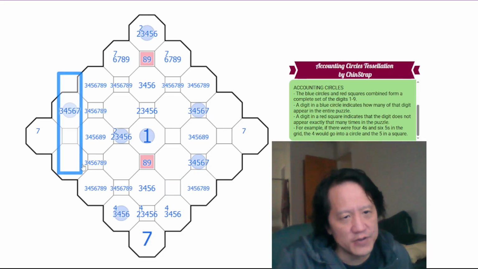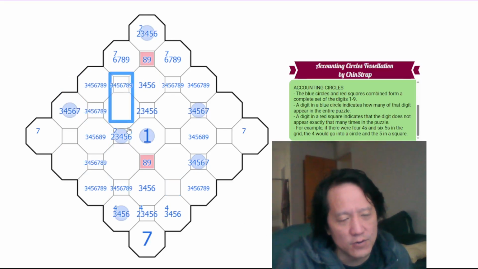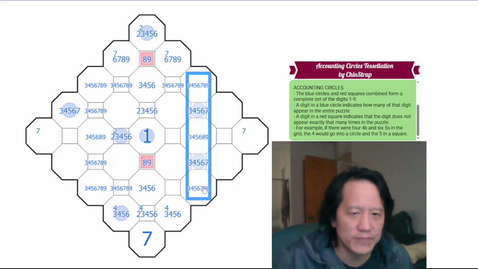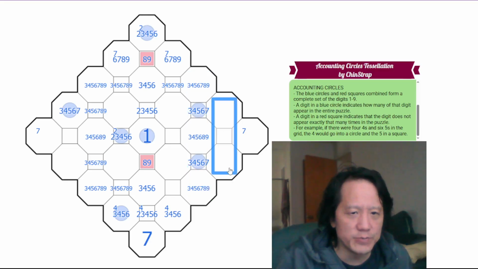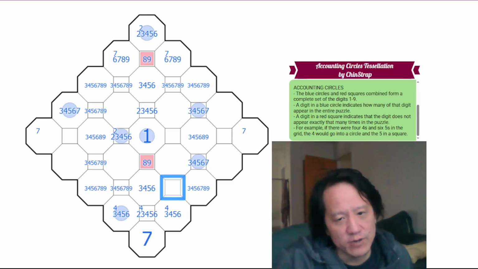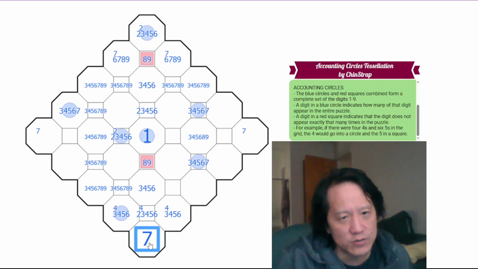You could have 7 in every other... right, because there's 7, right? So you could be in every cell but the corners for the 7s, 8s, and 9s, right? That's what it is. So that's the solve. You don't have to have 7 in the corners.